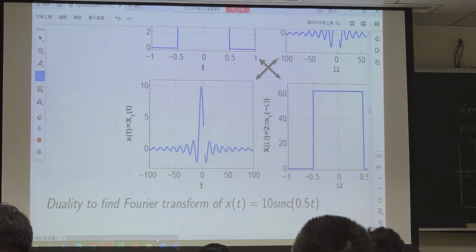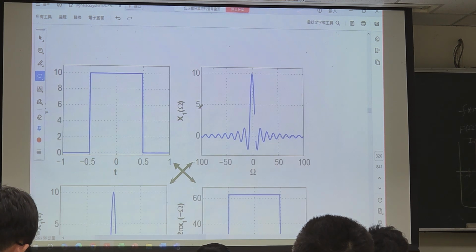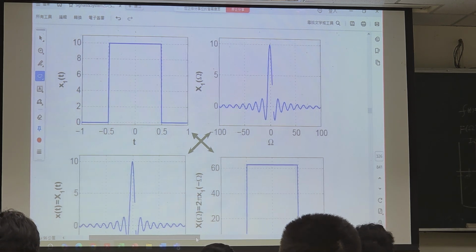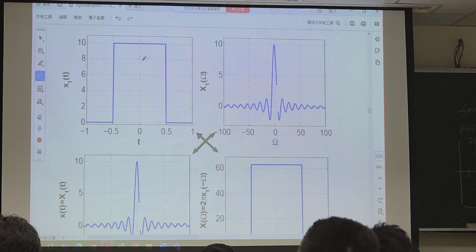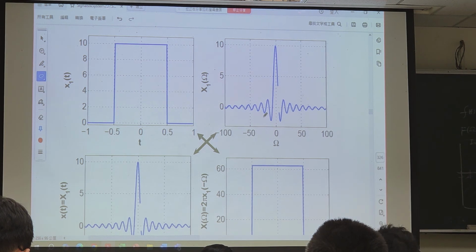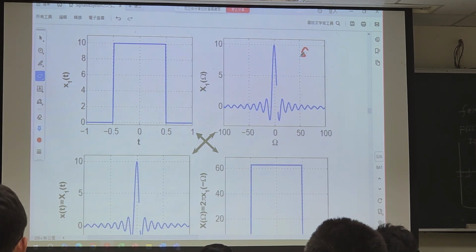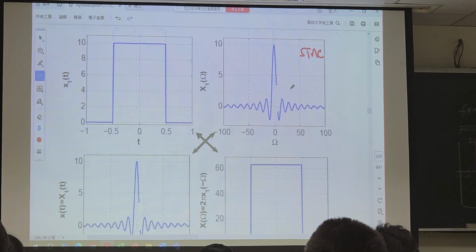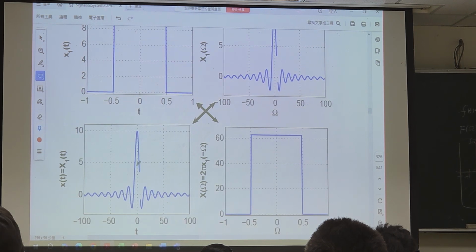So here is the example given by the book directly. Suppose we are given the function x1 of t, a rectangular function, and this is the associated Fourier transform, the sinc function. Now if we move the sinc function to the time domain and take the Fourier transform of this function, that will give us a rectangular function in the frequency domain.